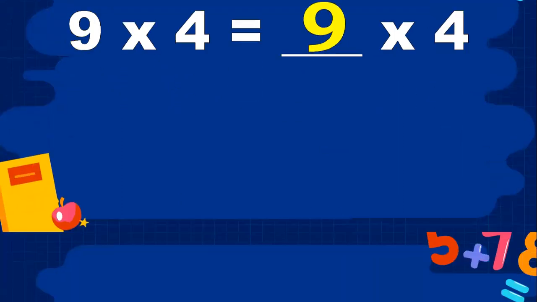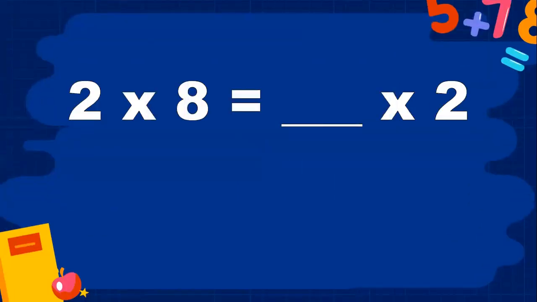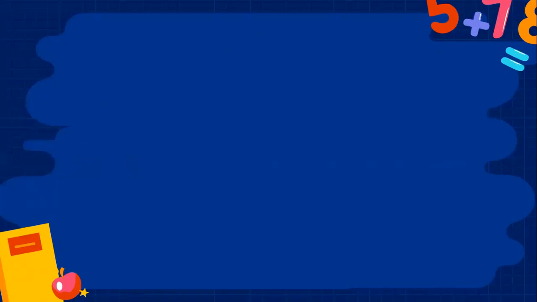Okay, another. We have 2 times 8 is equal to blank times 2. What is the missing number? The missing number is 8. 2 times 8 is equal to 8 times 2. That is all about commutative property.